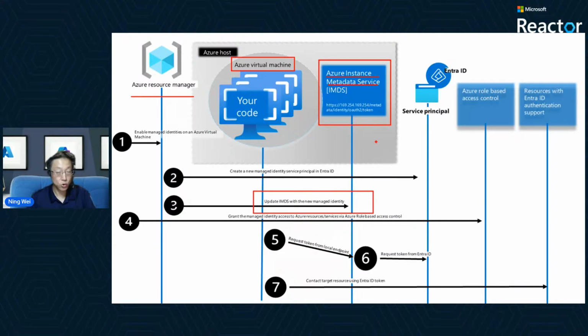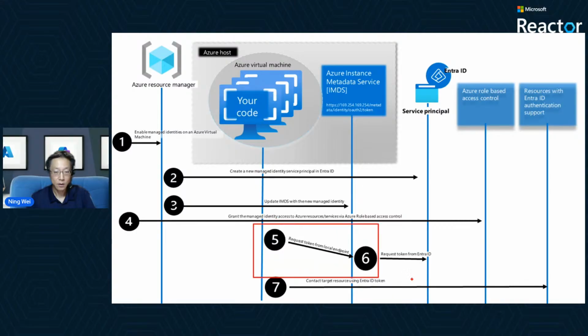When you want to get a token in order to talk to any other application or service, you can see this step, step number 5. From your application, you send a request towards the IMDS service, not the Entra ID anymore. You send an HTTP request to the IMDS service, and then the IMDS service talks to Entra ID on behalf of your application to generate the access token.